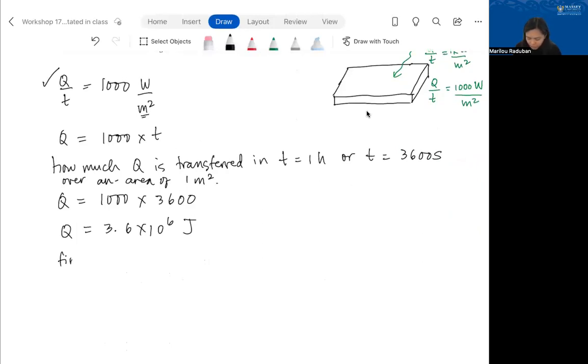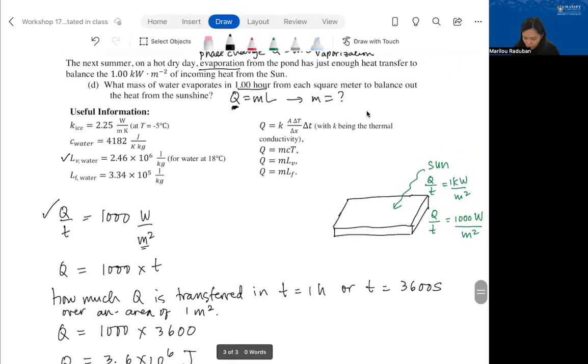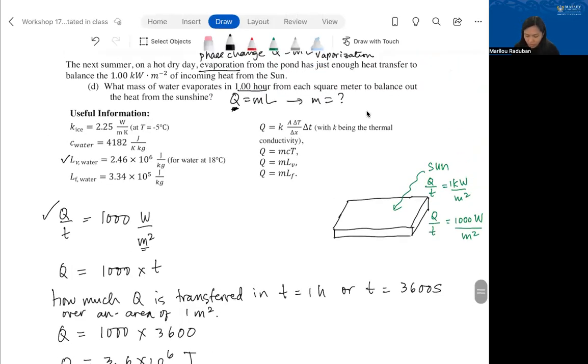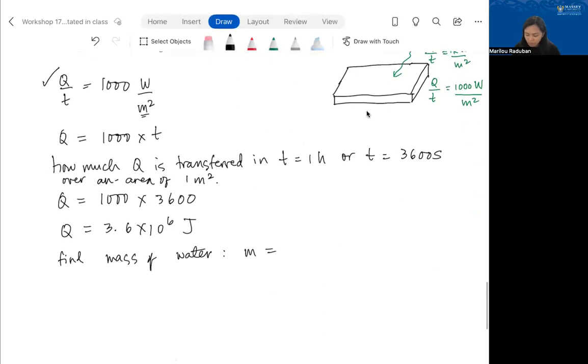So rearranging to isolate m, divide both sides by L. So you have Q divided by L. And it's L_V, or L vaporization, because the water evaporates.